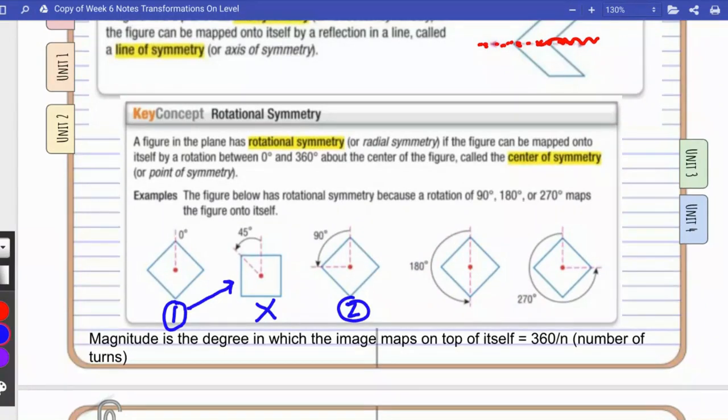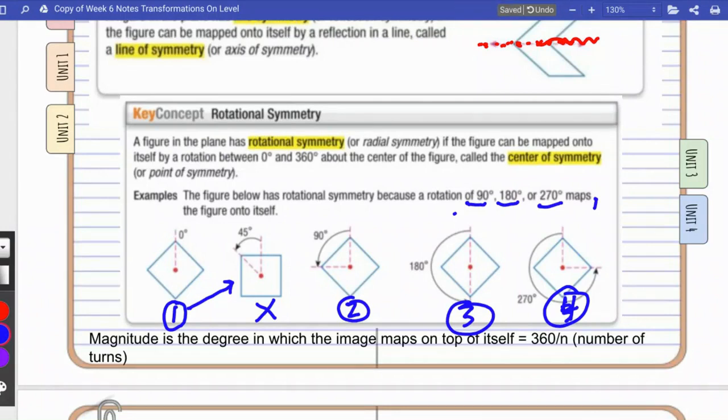If I turn it 180 degrees, it looks exactly like it did at the original. If I turn it 270 degrees, it looks exactly like it did originally. And then we could turn it again to be 360. So what happens is this thing has rotational symmetry in 90-degree increments.